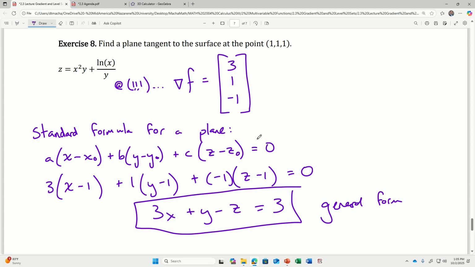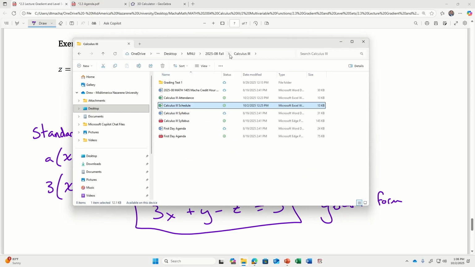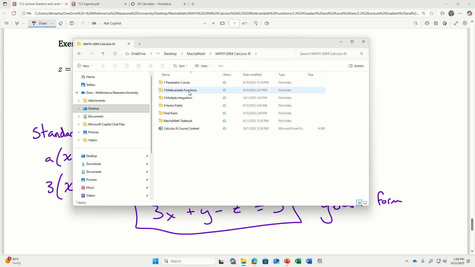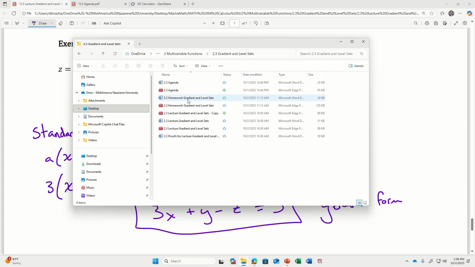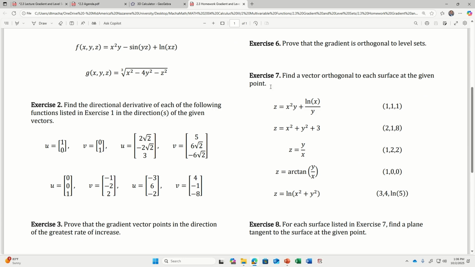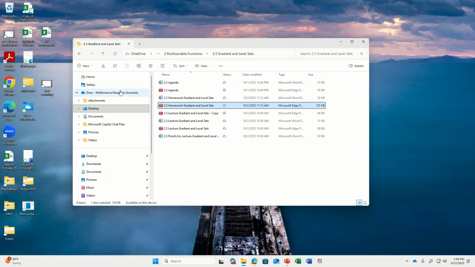Okay. The last problem. Let me pull it up. So you're going to do the last problem on exercise 7 that says z equals natural log of blah, blah, blah. Okay. Let's do it.